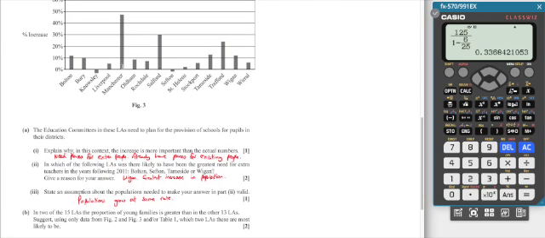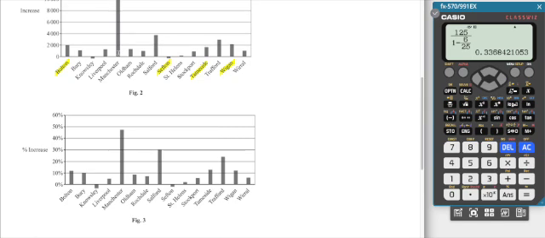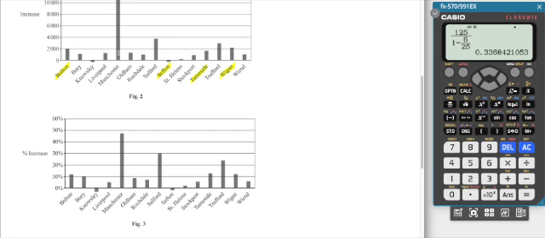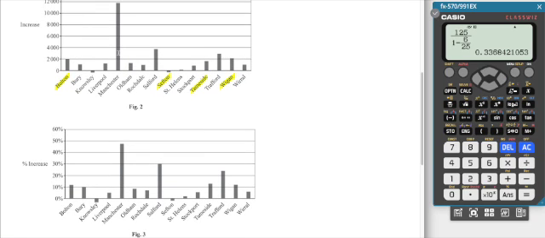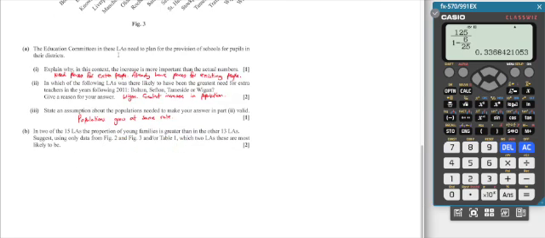Manchester has had a high increase of percentage of people and a high increase overall. So they've had the highest percentage increase. So it's probably those.